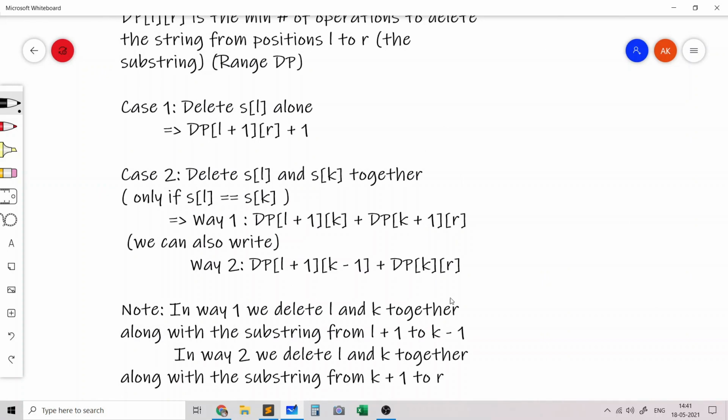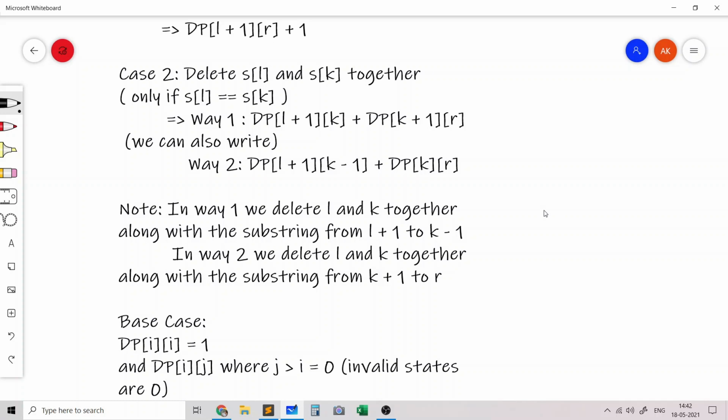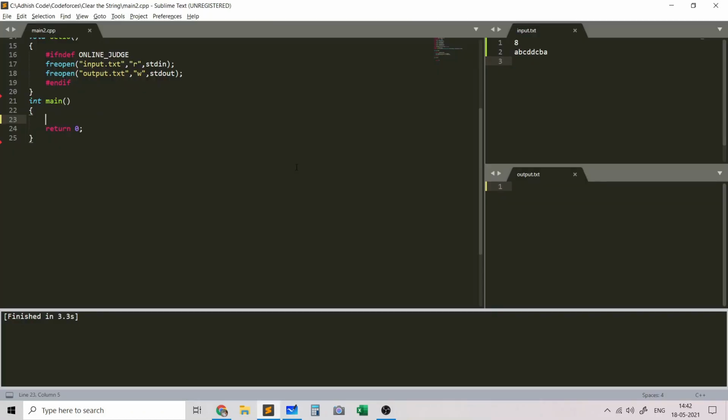So you can keep this in mind. Either way you'll get the same output, which is correct. I'll be coding up the first way, and I think the second way is what's given in the editorial. So either way is fine.